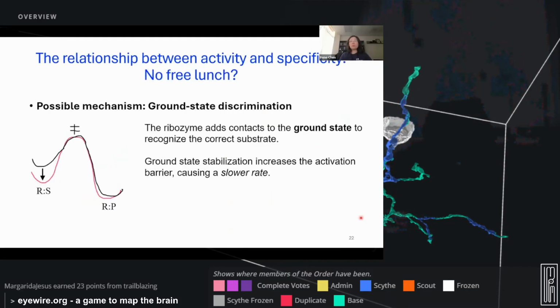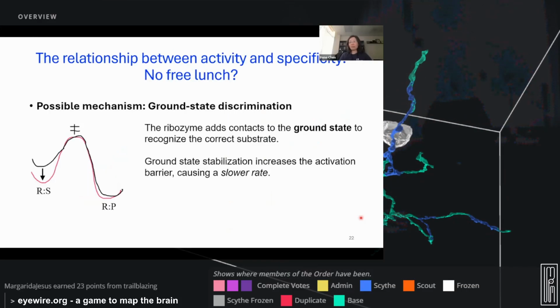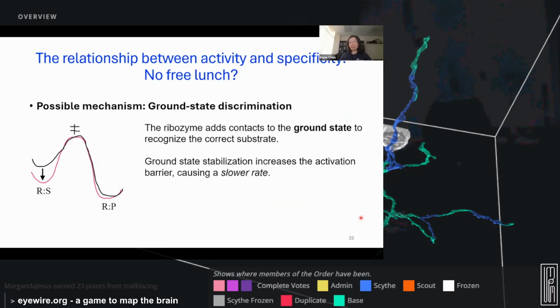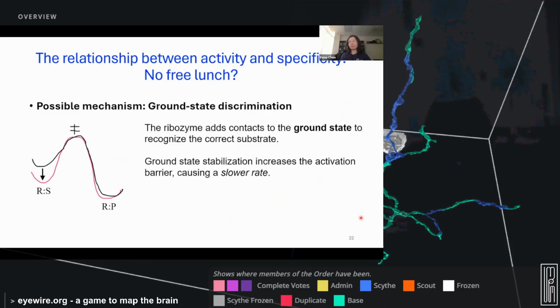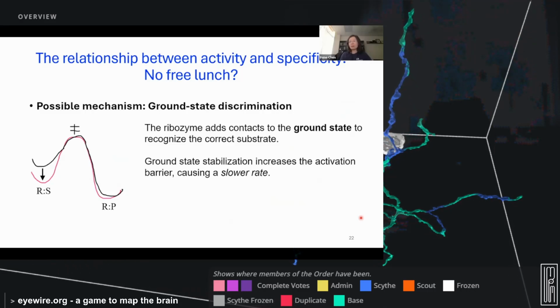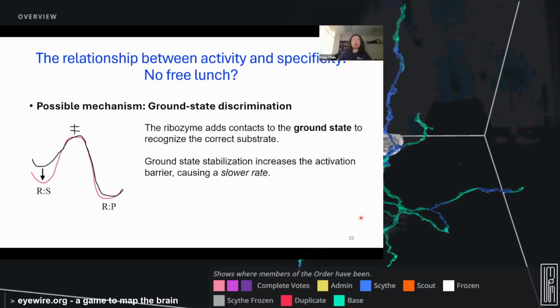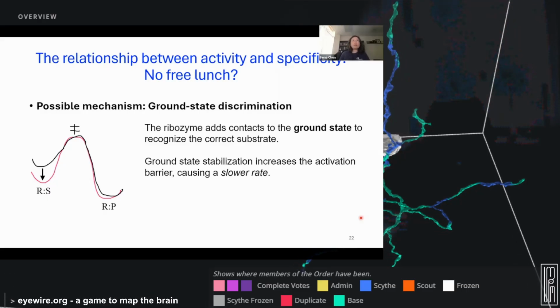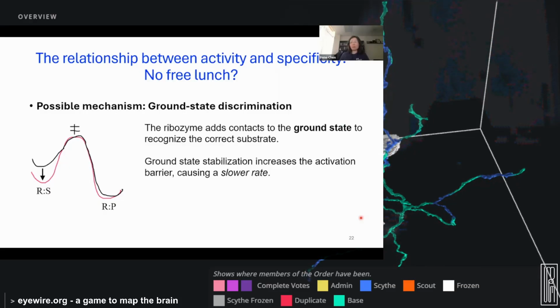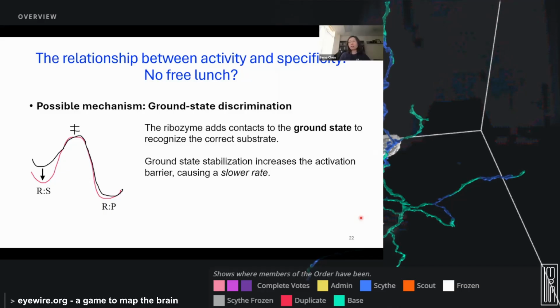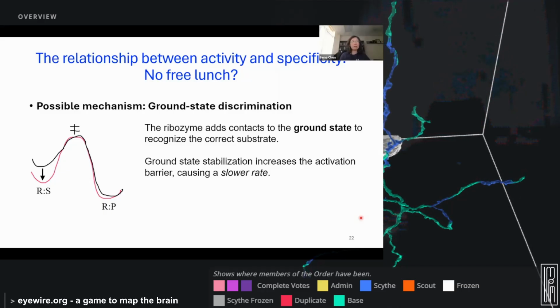Okay, so what do we want to use this data for? There is always this question for different proteins, and different systems might have different answers to this question, but we thought it would be interesting to know for ribozymes whether activity and specificity represent a trade-off. There's this idea that if you evolve something to be more active, then it also becomes more promiscuous.